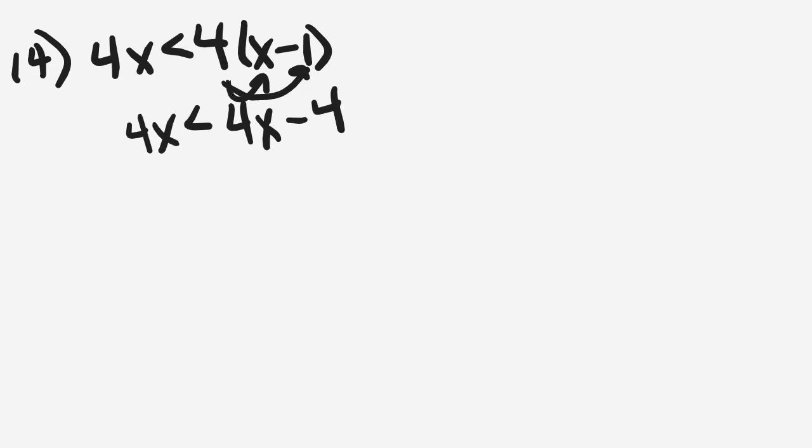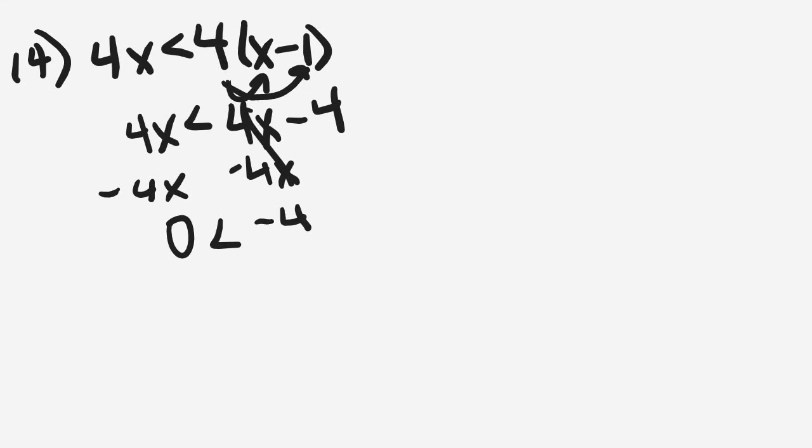All right, as always, we want all the numbers on one side and all the letters on the other. So let's go ahead and move 4x to be with his friend over there. So we do minus 4x minus 4x. That's going to be 0. Those go away.